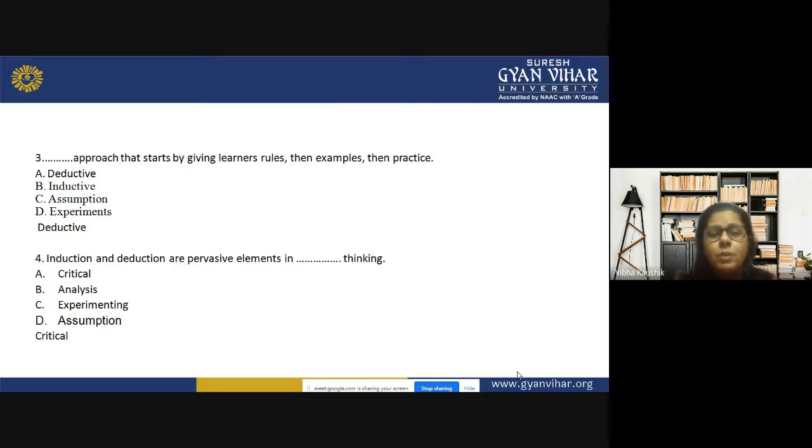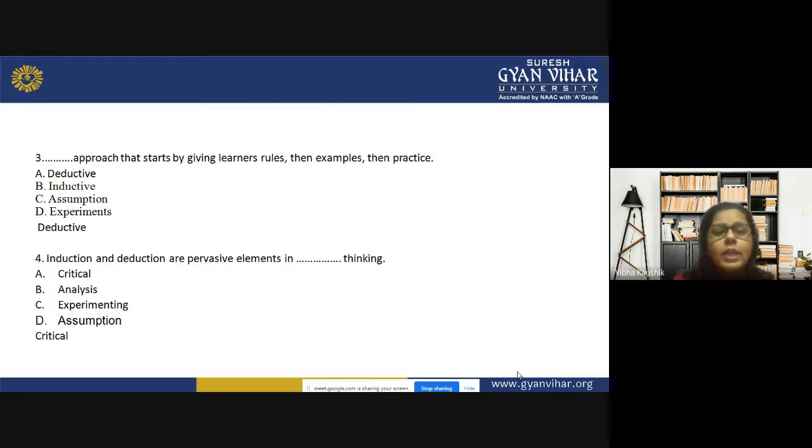So these are the options: A. Deductive, B. Inductive, C. Assumptions, or D. Experiences. Students, you have to select the correct one, and the correct answer will be the deductive approach.